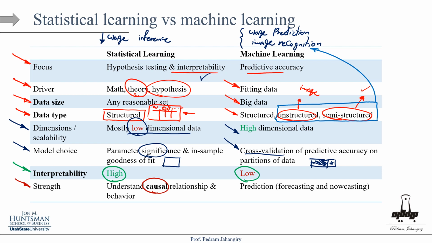And the strength of the machine learning model is just its prediction, right? Because again, in the machine learning world, we are more interested in making predictions. It's all about nowcasting, and more recently, forecasting and nowcasting. So nowcasting basically means just using the real-time data, right?